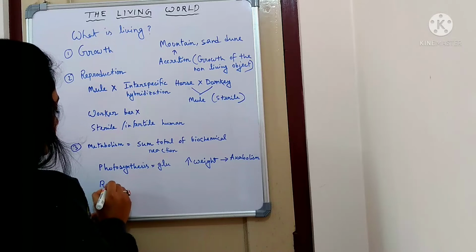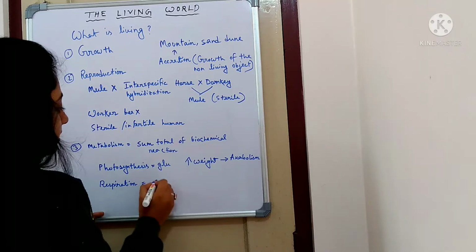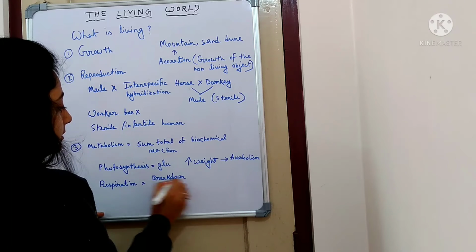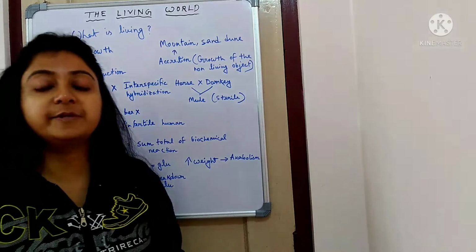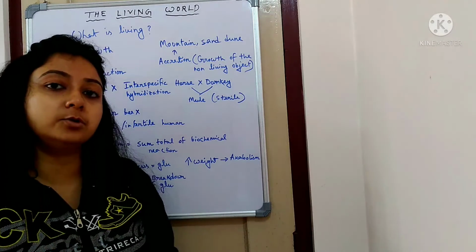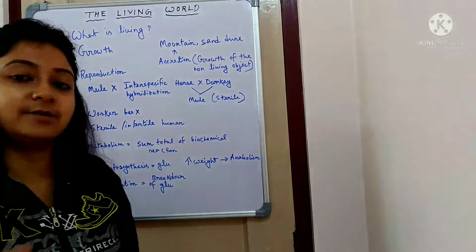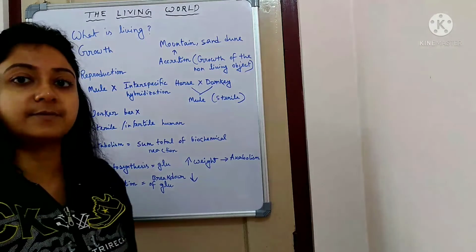Respiration is such a process, where breakdown of glucose occurs so that ATP, the energy, can be produced. So breakdown of glucose occurs as the breakdown of the substance is occurring.